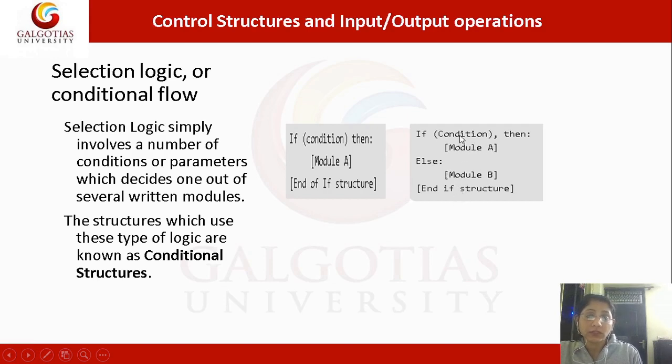So here, based on the condition, or based on some decision, the control flow of execution will vary, either module A or module B. Therefore, selection logic simply involves a number of conditions or parameters which decide one out of several written modules. As has been given in the example also, either your module A will be executed or module B will be executed based on the condition. The structures which use this type of logic are known as conditional.